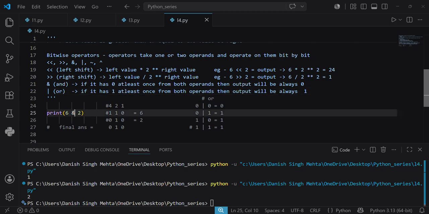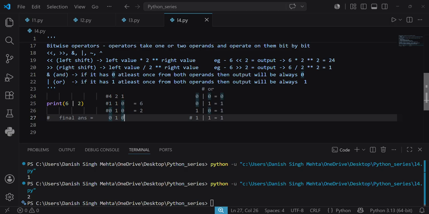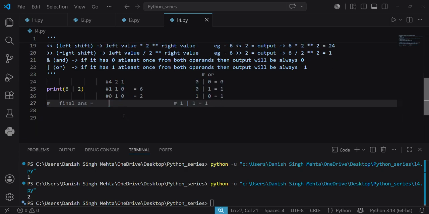And if I do OR here, what will be our final answer? We have to compare 0 and 0, which is 0. 1 and 1 is 1. 0 and 1 is 1.